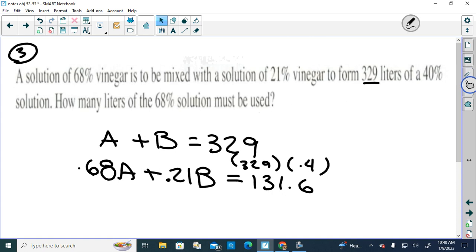But they want us to solve for the 68% solution. So when it's like that, that means we want to get rid of this one. So we want to solve for B so that we can replace the B. To replace the B, I need to move that over to the other side. So B is equal to 329 minus A. And then we're replacing the B because now we're solving just for the 68%.